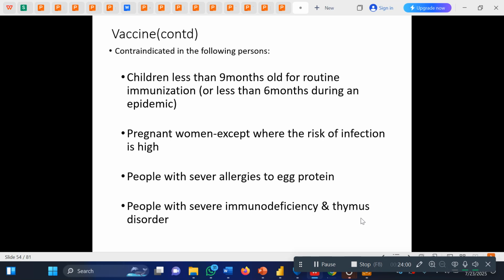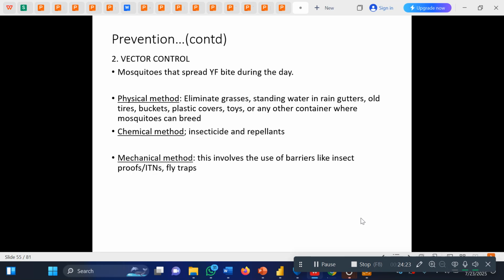All right, so these are some of the contraindications in the patients that cannot be vaccinated, rather. Children less than 9 months of age or less than 6 months during an epidemic, pregnant women, people with severe allergies to egg protein, people with severe immunodeficiency and thyroid disorder. So it's contraindicated for vaccination in this group of people.